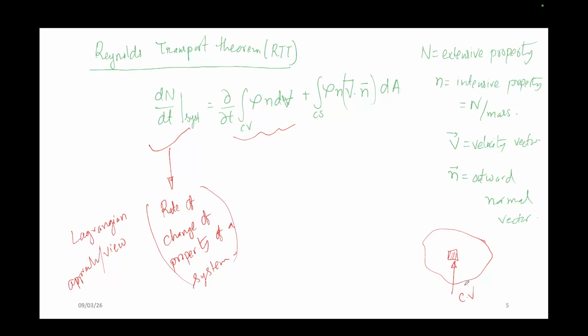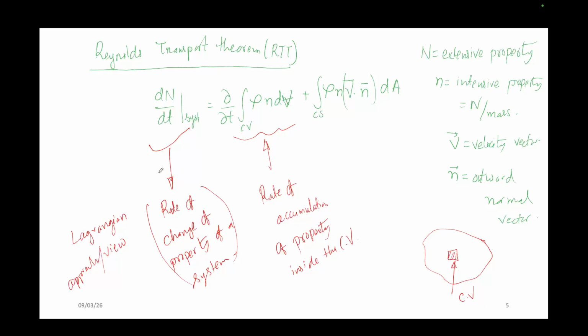So I can write that this indicates the rate of accumulation of property inside the control volume.